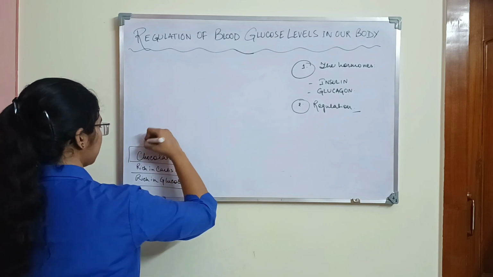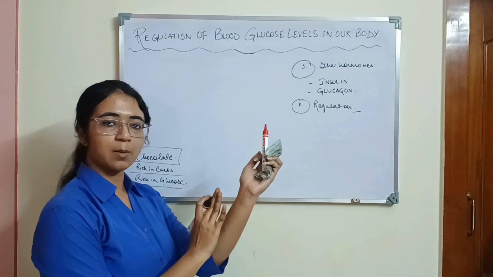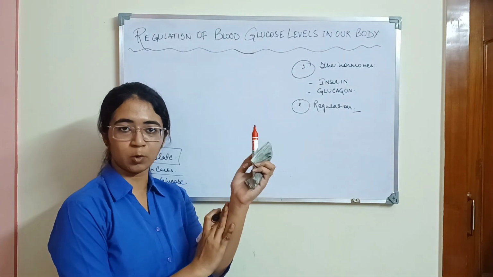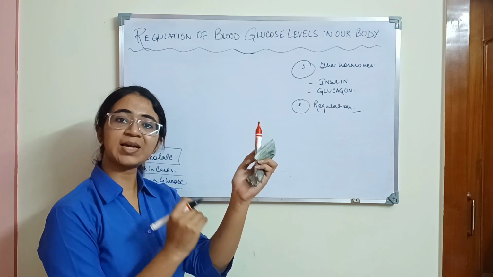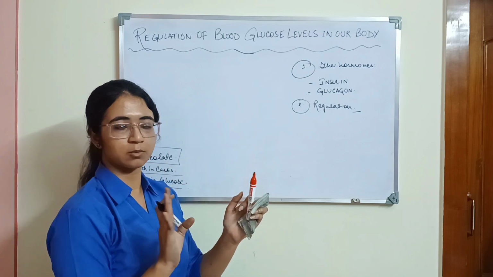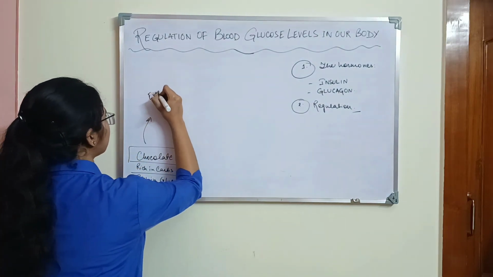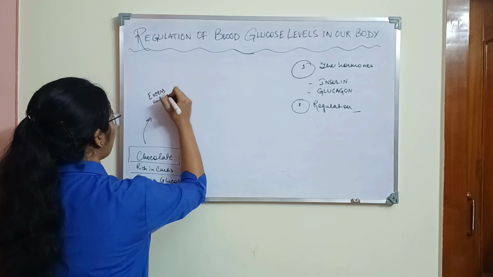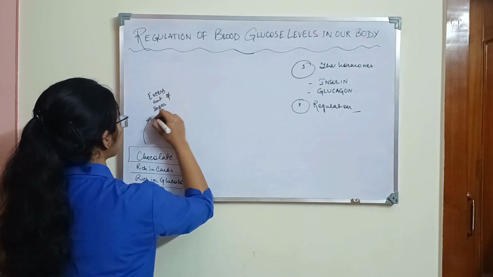Now, after eating a chocolate and digesting it, your blood will have an excess amount of glucose, more than the normal limit, so the sugar level is high.